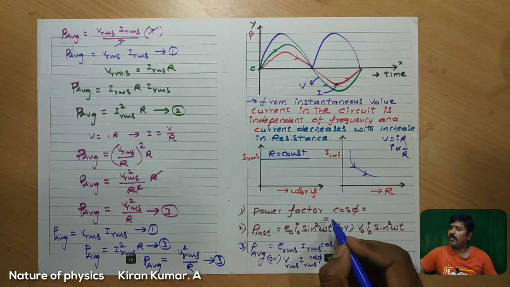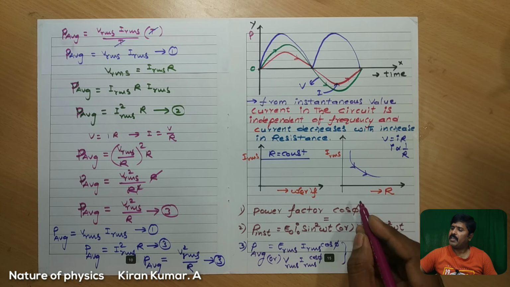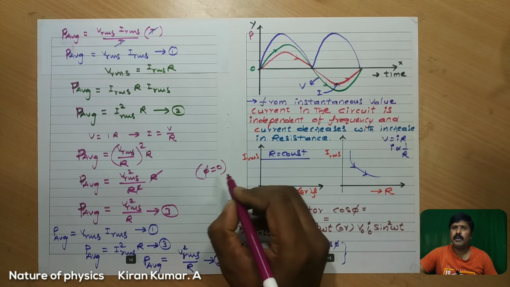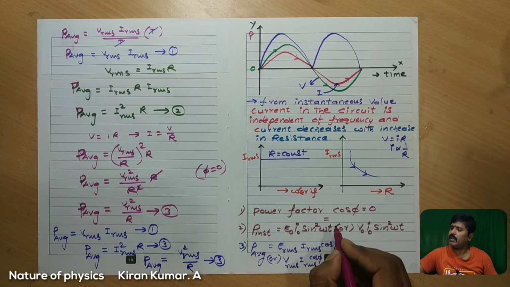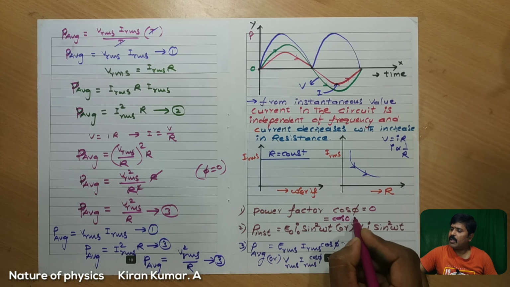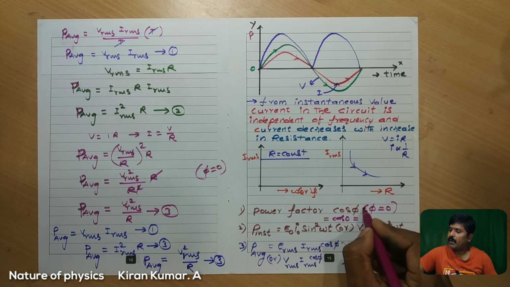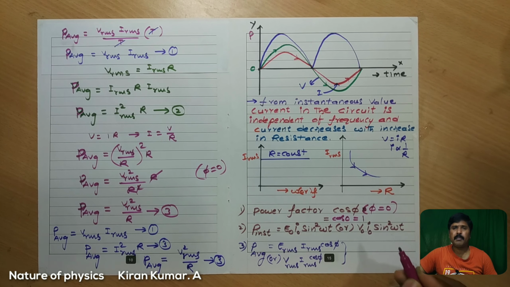And power factor is there, student. For the power factor, phi is equal to 0. Current and voltage have the same phase, student, so this is 0. Cos 0 is equal to 1, student. So now I can write this phi is equal to 0 here. Okay, student. So cos 0 is equal to 1 I am getting.